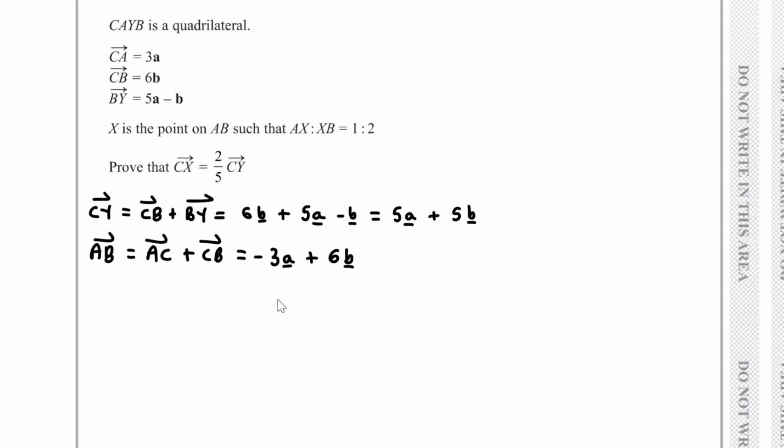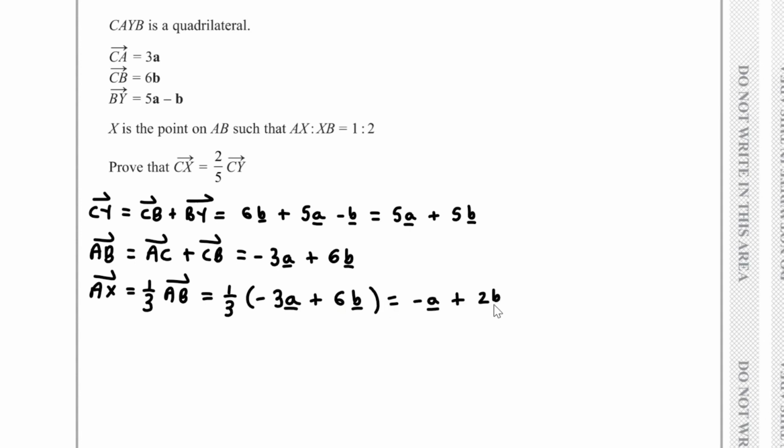So this is AB. And therefore AX, if we use this ratio here, is going to equal 1/3 AB. So 1/3 of minus 3a plus 6b is going to equal minus a plus 2b.